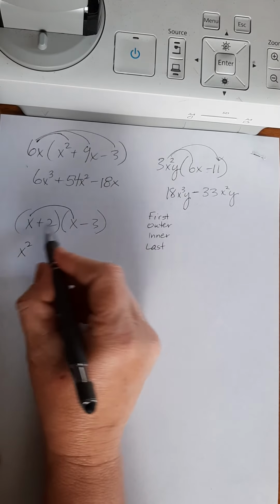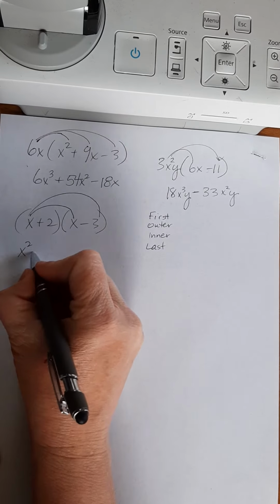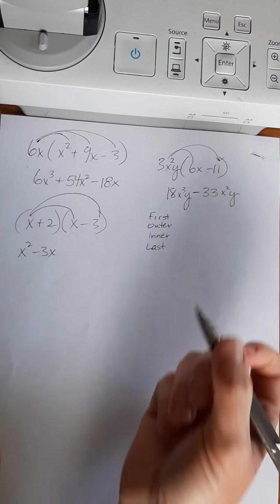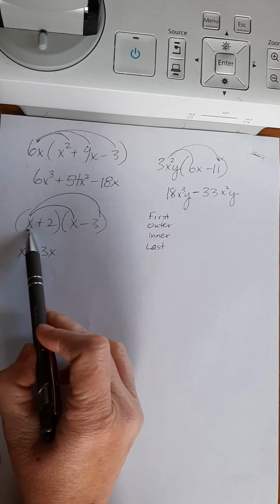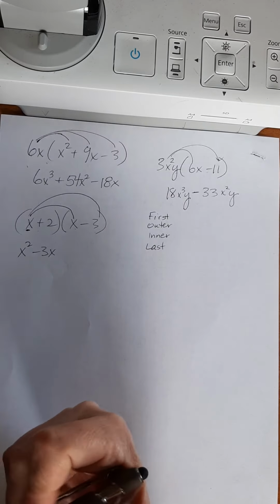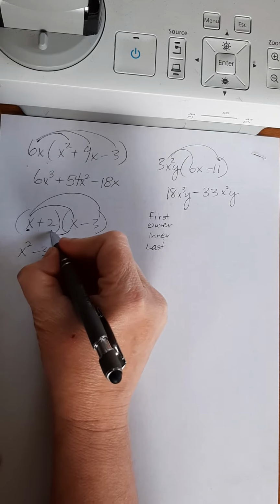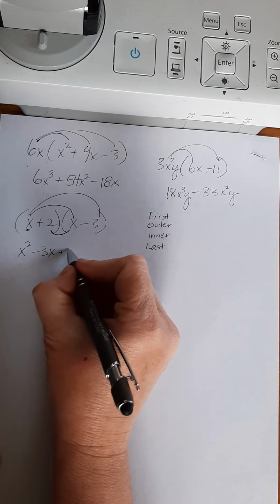Outer terms, x times negative 3, negative 3x. So notice how basically all we did was, just like we did up here, distribute the x to both of them in the other parentheses. Now inner. Which are those two? 2x.